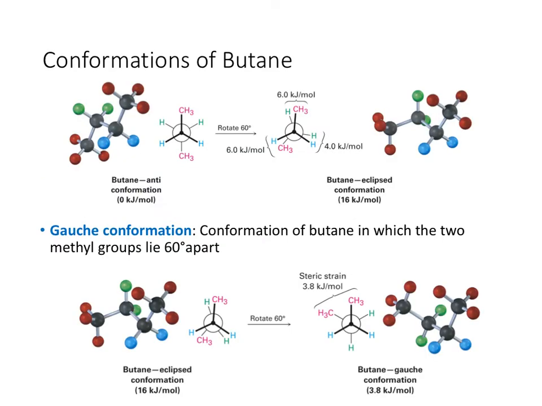So if we look at butane, so here's butane, and we're going to look down the carbon 2, carbon 3 bond. So we're going to look down this bond here. So first of all, do you understand how the Newman projection corresponds to that? So this carbon is represented by the intersection of those 3 lines. The hydrogens in blue are shown here.